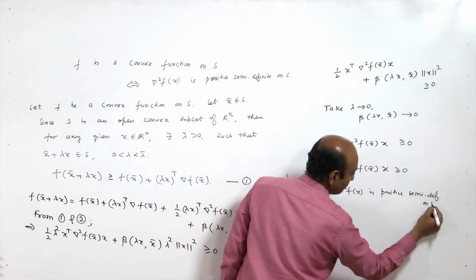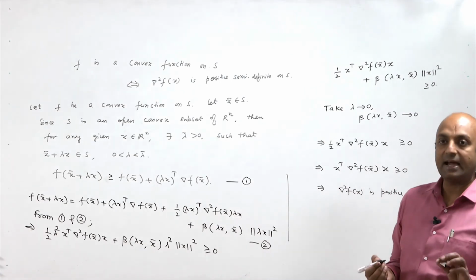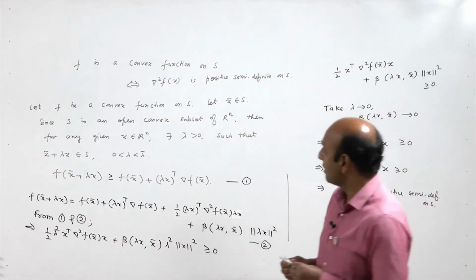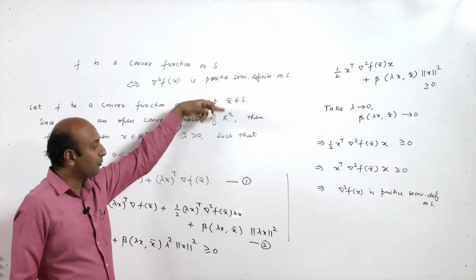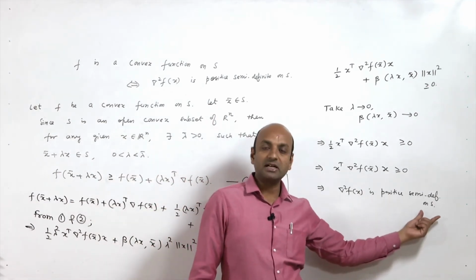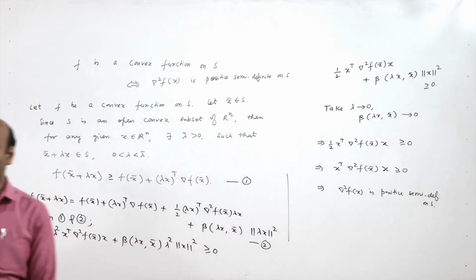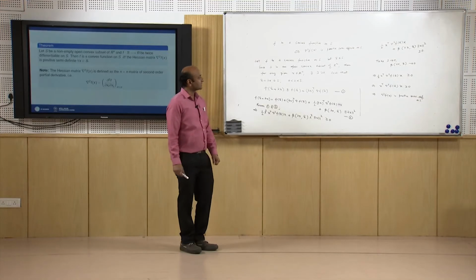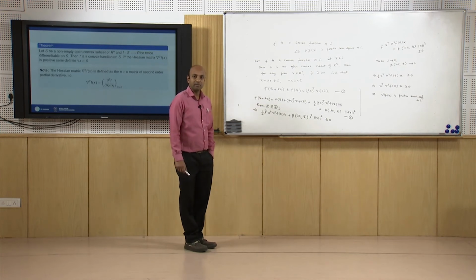on S. Now, if it is positive semi definite at x bar belonging to S, you can vary x bar. So, we can get that this Hessian matrix is positive semi definite on S, that is for every x in S. So, this is how we can obtain that if f is a convex function, then its Hessian matrix is positive semi definite.